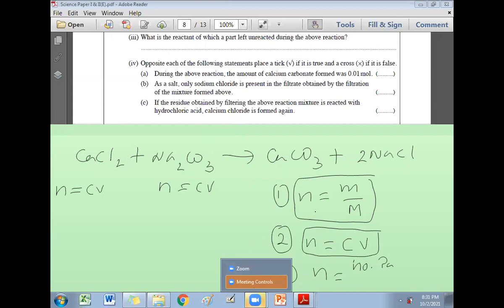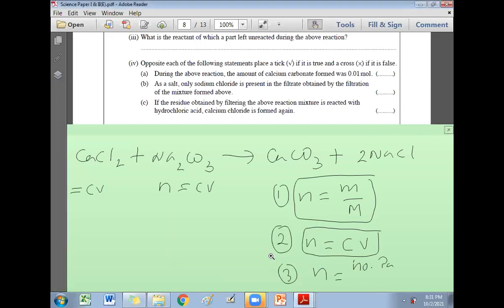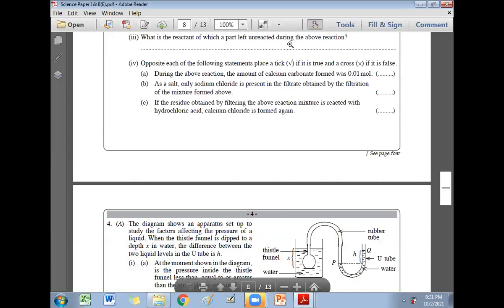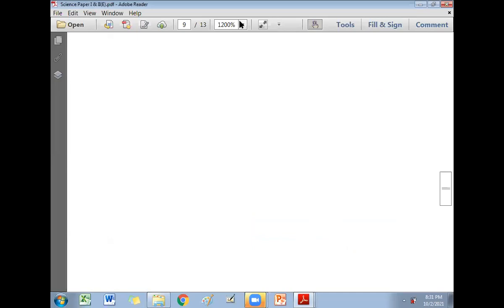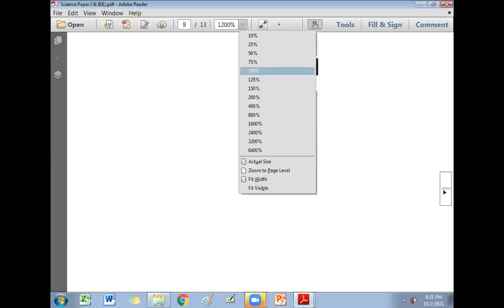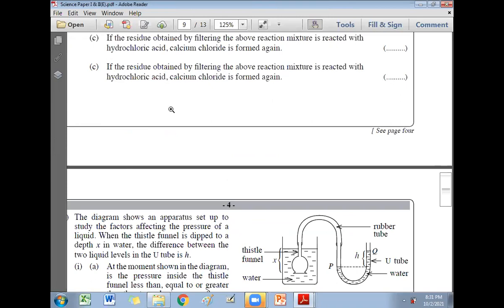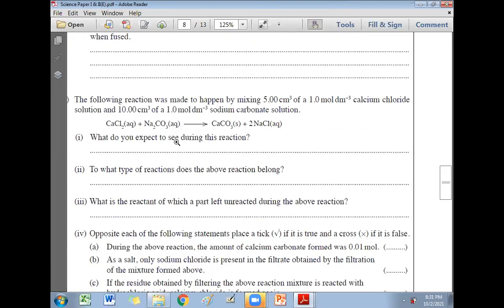I will use the Zoom whiteboard, then it's easy to explain this. Okay, look here, concentration given, volume given, both concentration same. So let's see how to find. I'll stop share and move to the Zoom whiteboard.